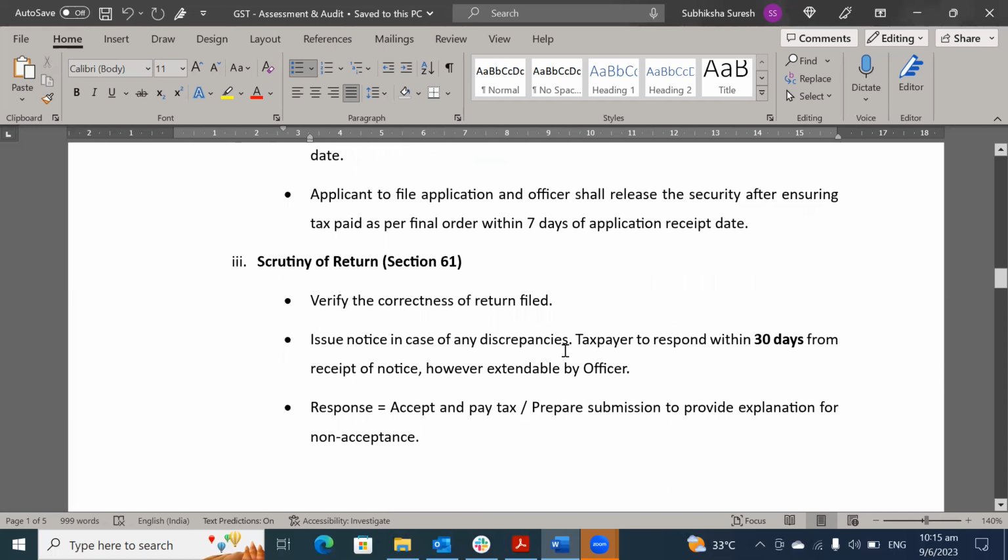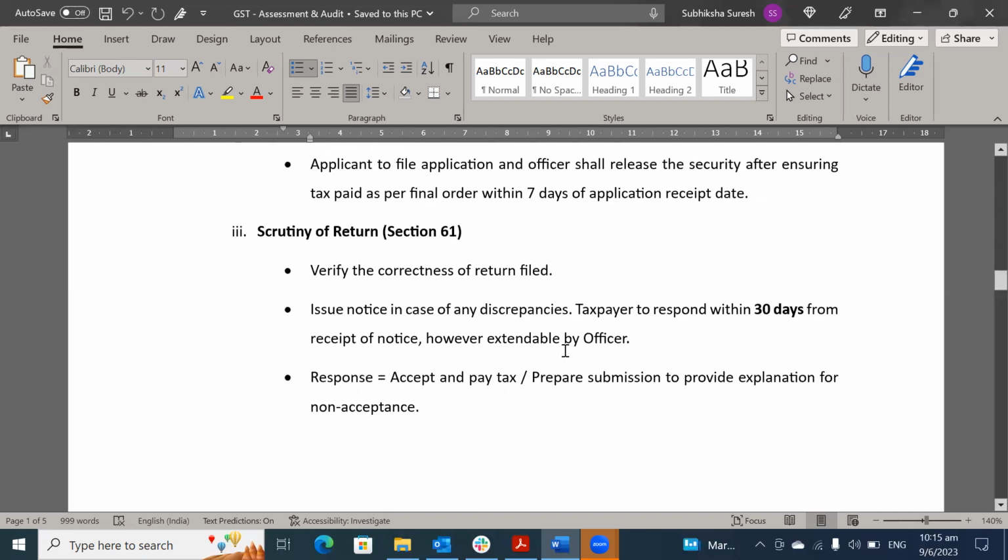So once all the assessment orders have been made and tax liability has been settled, the registered person has to apply for a release of the security he has furnished along with the bond. So once the return has been submitted by the registered taxable person, it will undergo scrutiny.